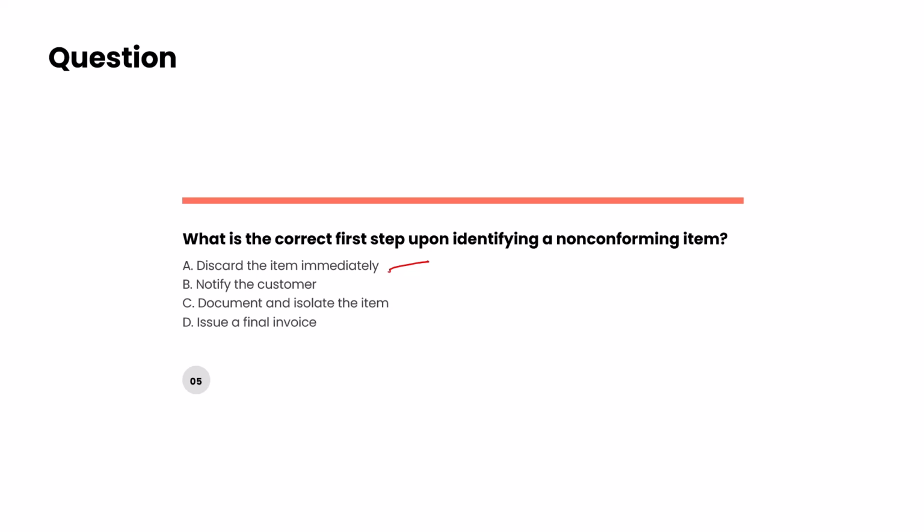And for this we have a quarantine area at the site where this valve will be placed so that by mistake we do not use that. This looks a strong choice, choice number C. And the fourth choice is issue a final invoice. No way, that's ruled out. So looking at these options, I will go with option number C, even though we do action number A and B as well, but the first thing we do is choice number C.